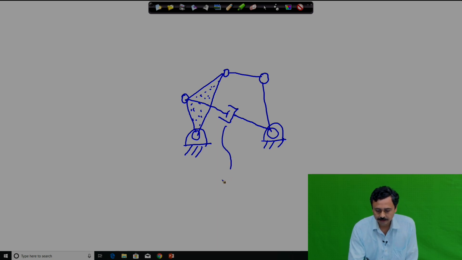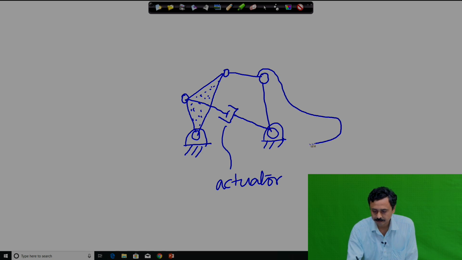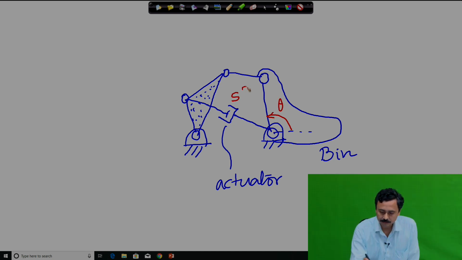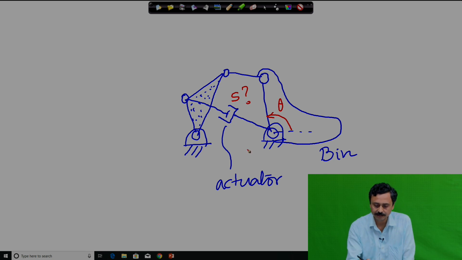This is the actuator and the bin was connected here. Now, if I give you the angle theta and I ask you to find out S, for example, for a given value of theta we are to solve for S.